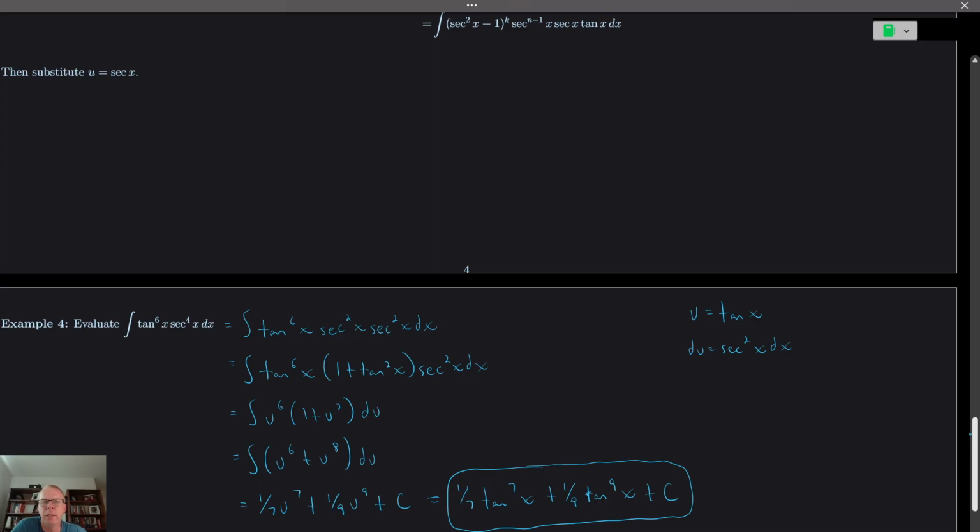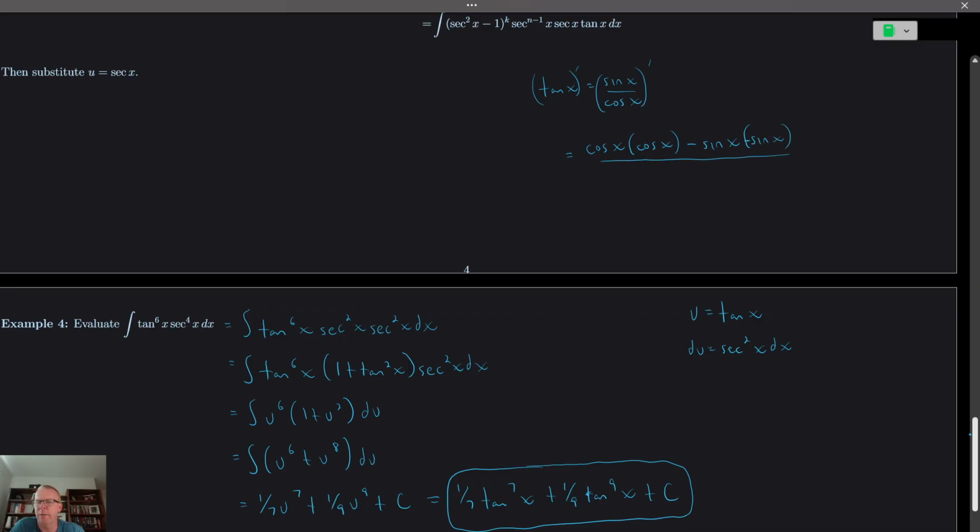So let's find the derivative of tangent first. Tangent x is sine over cosine. If we want to take the derivative of this, we can use the quotient rule. So the bottom times the derivative of the top, which would be cosine, minus the top times the derivative of the bottom.